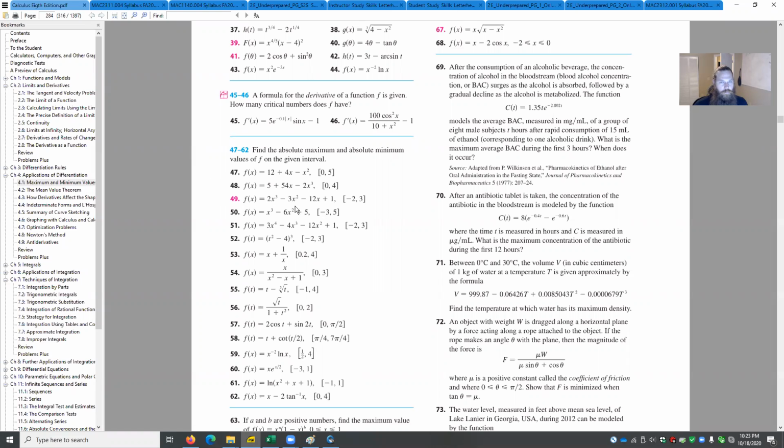Uh, 48. 49 is red here. That means it's a little extra good. So let's write that down. We want to find all mins and maxes for f of x equals 2x cubed minus 3x squared minus 12x plus 1 on the closed bounded interval -2 to 3.